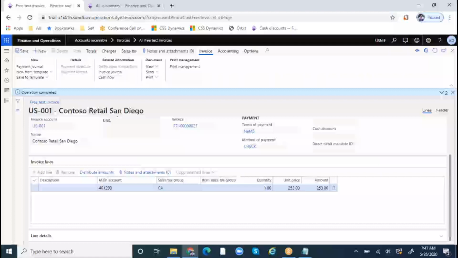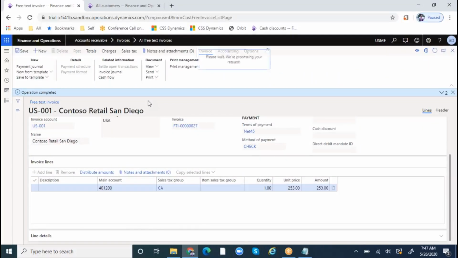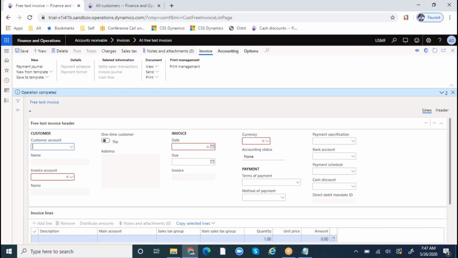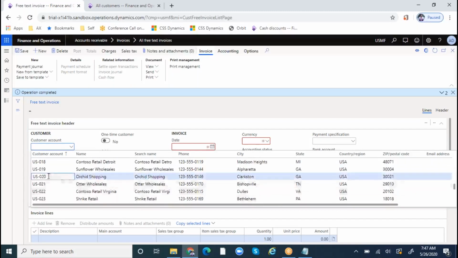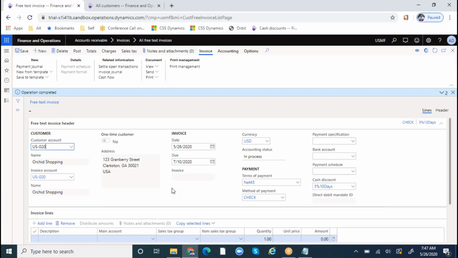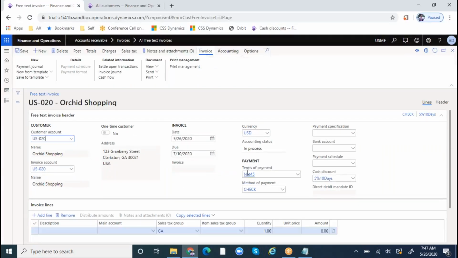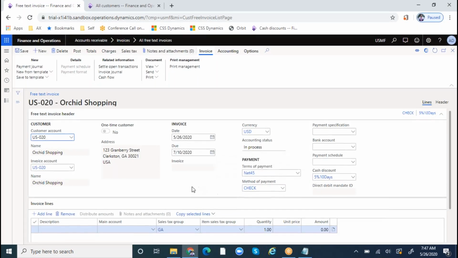Now let me create one free text invoice with this customer US 020. Okay, automatically, look at this one. Terms of payment is updated, cash discount is updated. Method of payment you will understand slowly. It will take some time to understand this one.